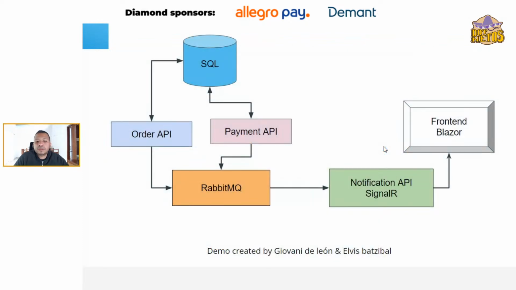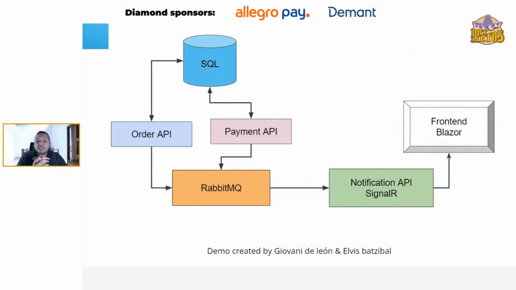This demo was created by Giovanni De Leon and Elvis Bactizabal. I want to say thank you, because they gave me this demo to show in this talk. They created this in a community in Latam, the .NET community.